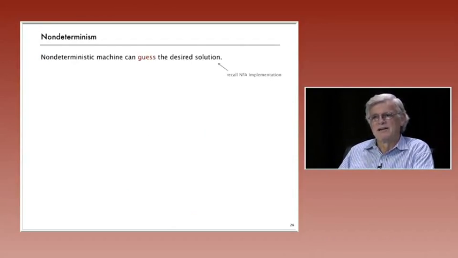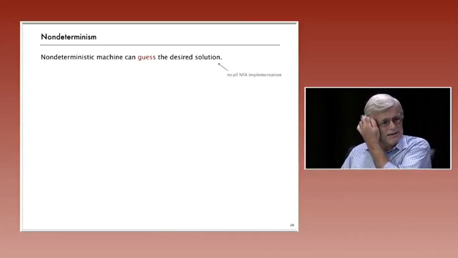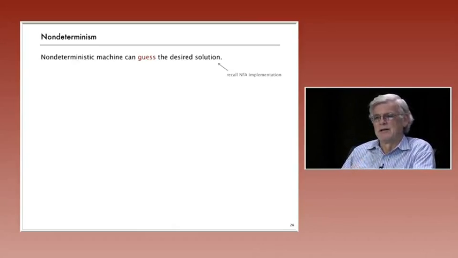Now, what is the N in NP for? Just a brief moment to talk about that. The N in NP stands for non-determinism. The idea of a non-deterministic machine is one that can guess the desired solution. That's an abstract machine.